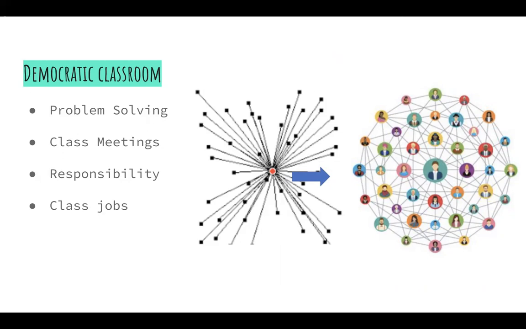This looks like problem solving, most often through class meetings that happen weekly, and responsibility that shows up in class jobs. It's really transformed students as I've seen them walk through the democratic classroom and support and help one another to solve problems and also in their learning.